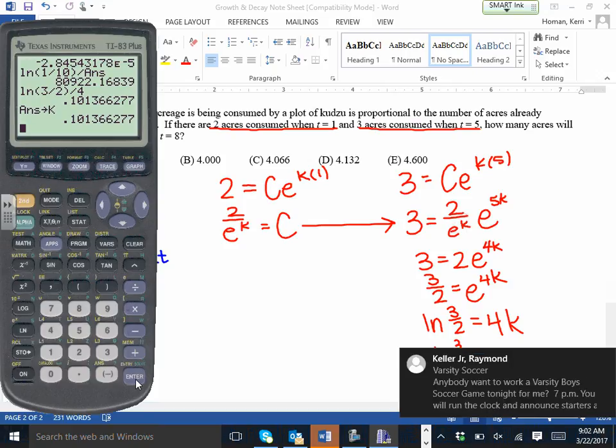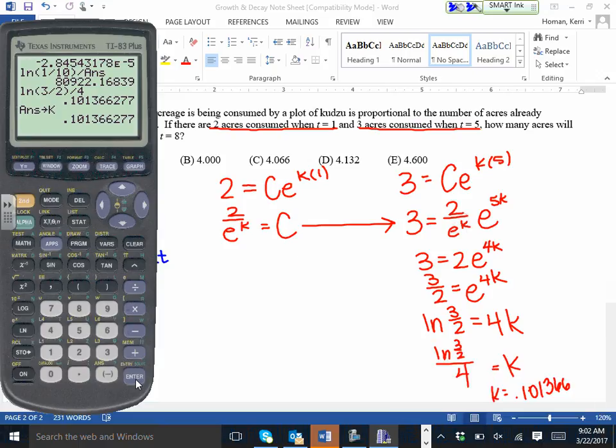Now, we need to figure out what C is, now that we know what k is, okay? And so C is just 2 divided by e raised to the k. All right, since I stored that in k, I'm just going to bring up k.